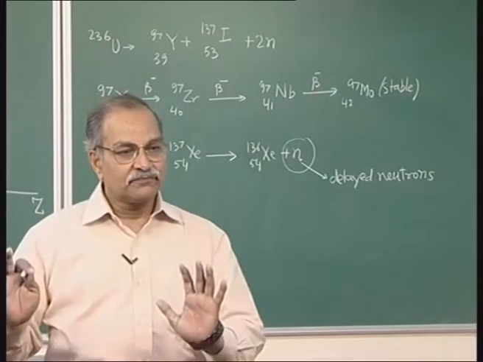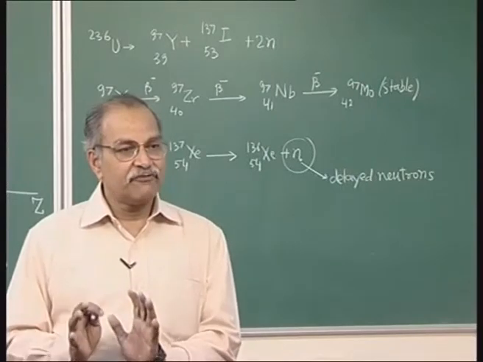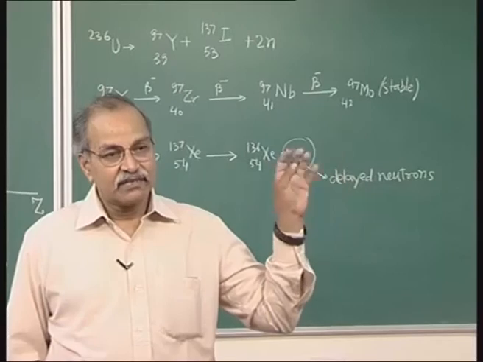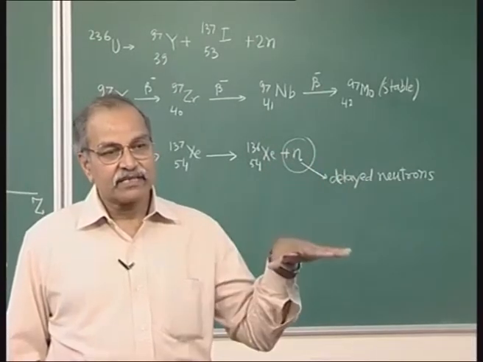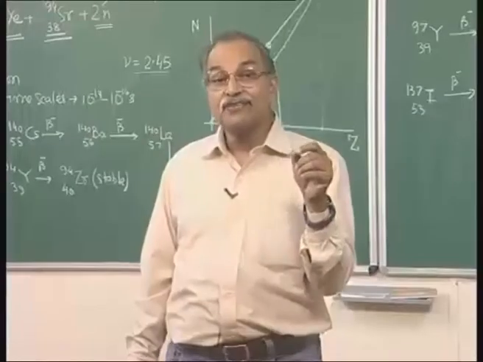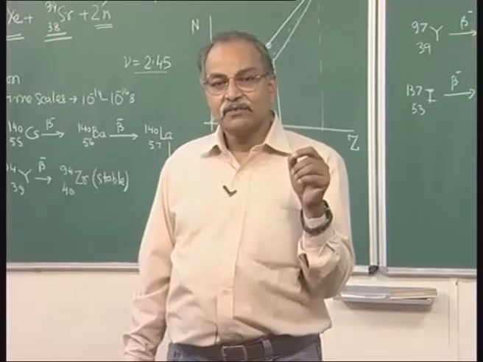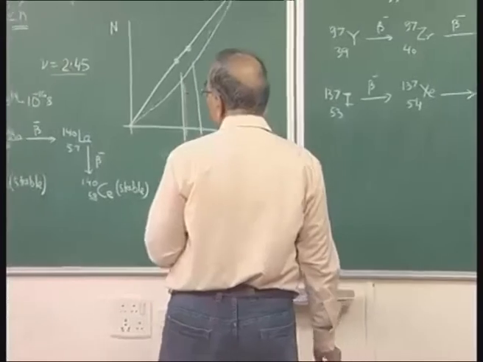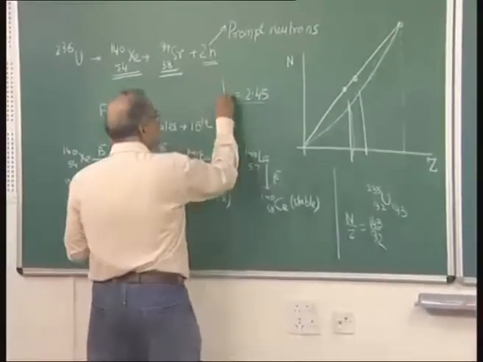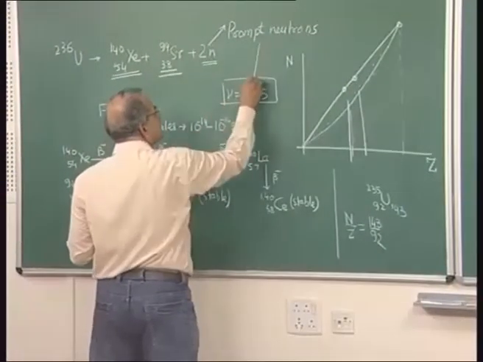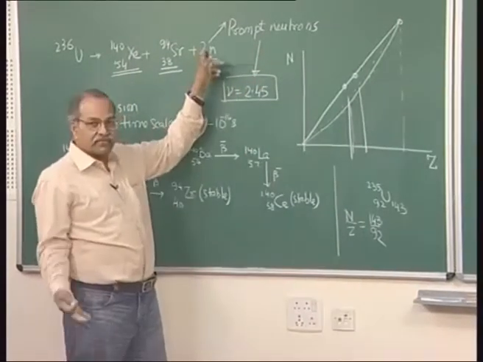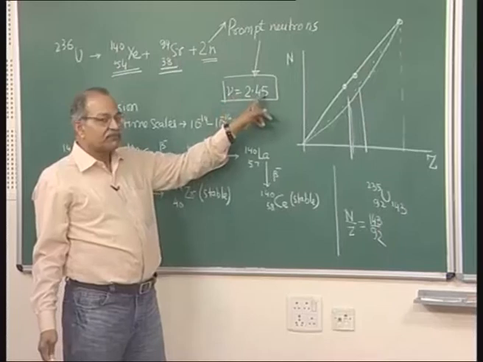Overall, the average number of prompt neutrons is 2.45 or so, and the average number of delayed neutrons is something like 0.02 per fission. So this nu is 2.45 for the prompt neutrons per fission, sometimes 2, sometimes 3, on the average 2.45.